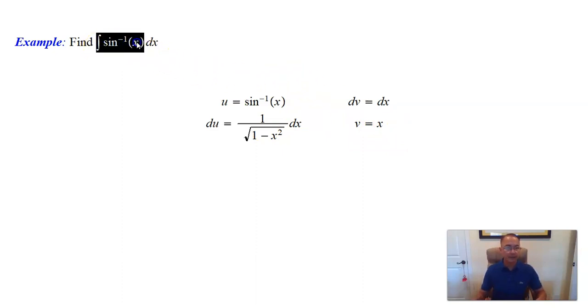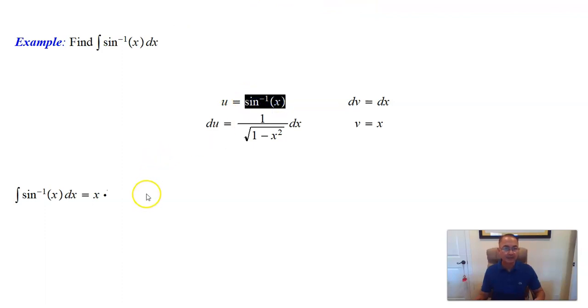We said that the integral of u dv is the product, oops, missed the x, is the product of u times v. So once again, v is x and should look better in front. X times inverse sine x, u times v, minus the integral of v, v is here, du.